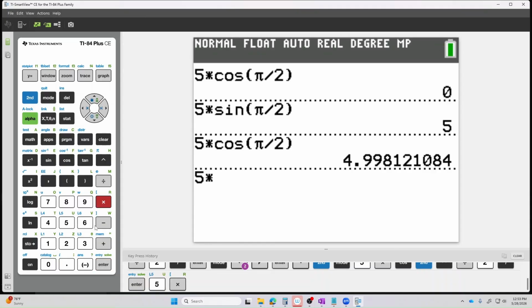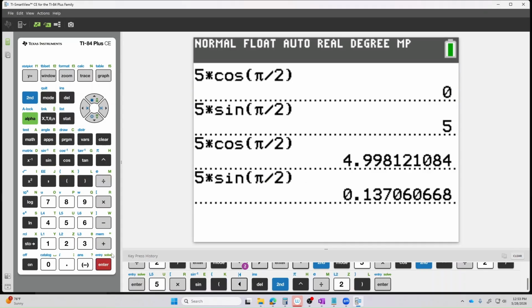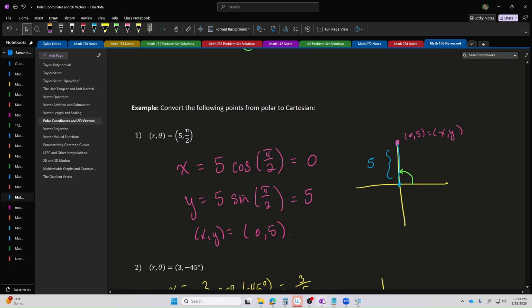Likewise, if you do 5 times sine pi over 2, this is a totally incorrect y value compared to what it should be for this value of theta.